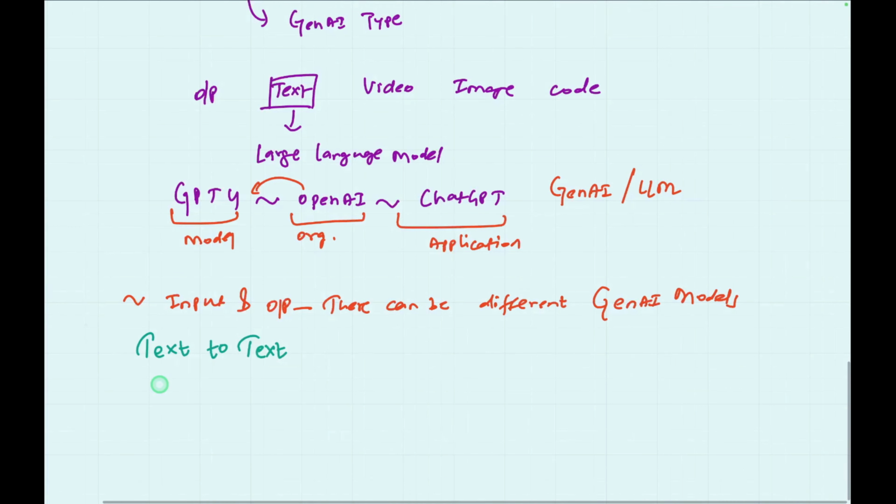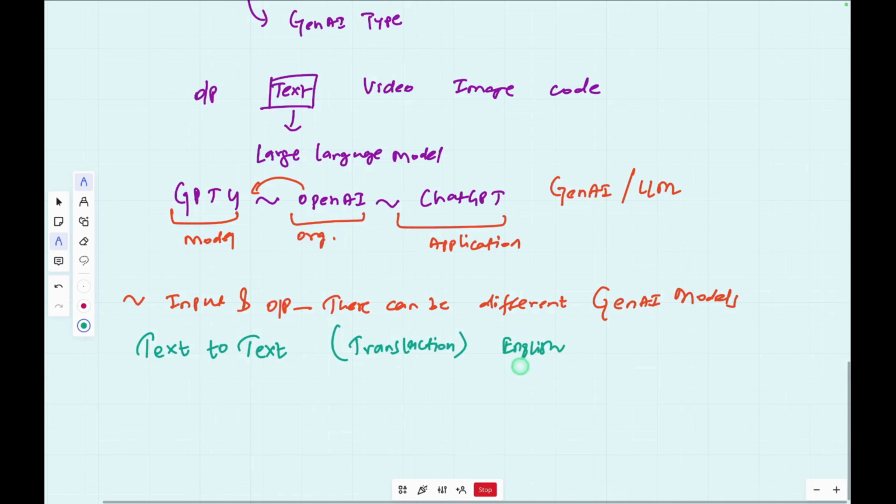For example, translation: you have English input and you want to convert it to French, using a translation model, maybe Google Translator. So this is text to text.